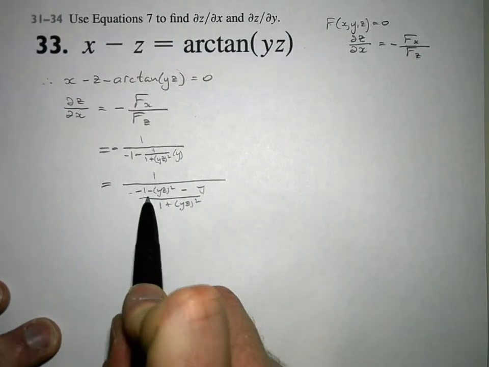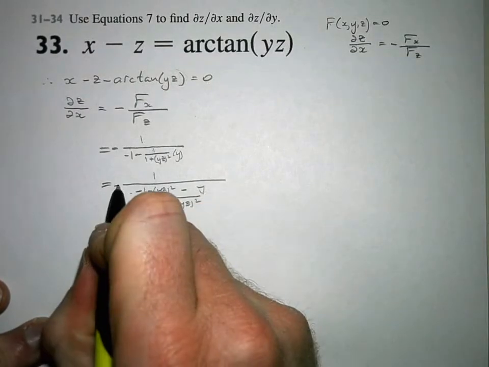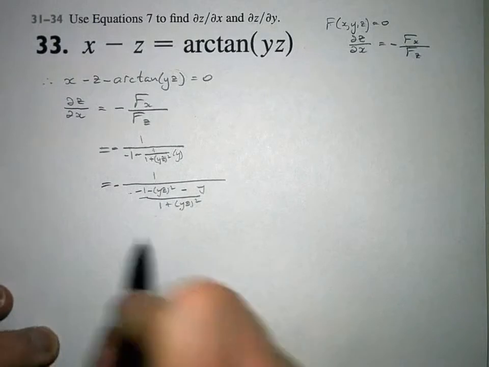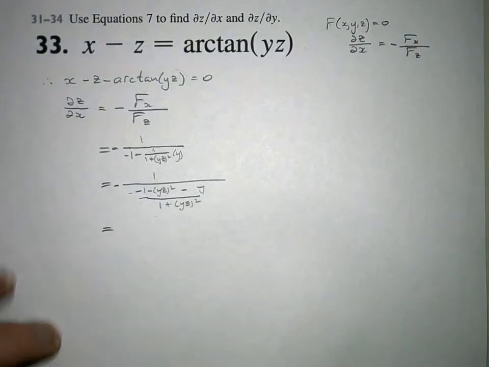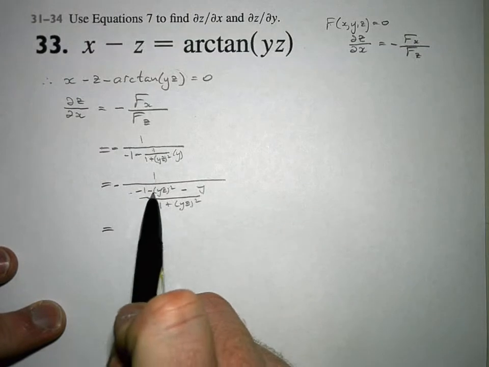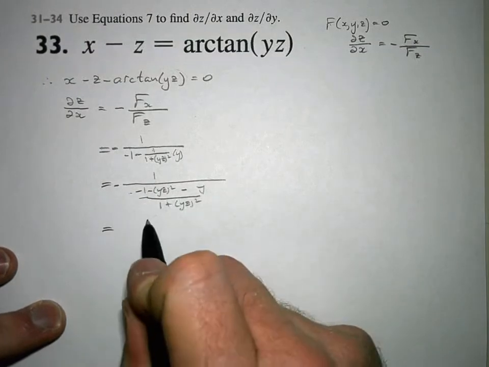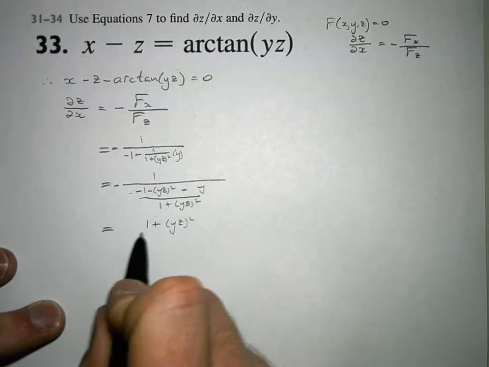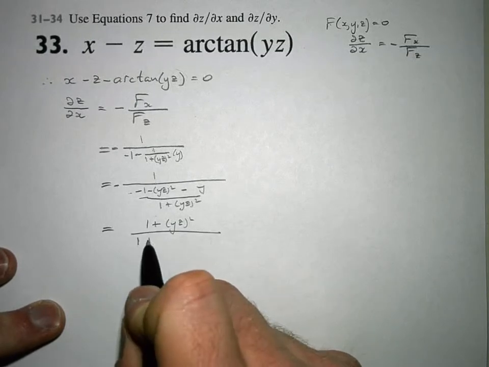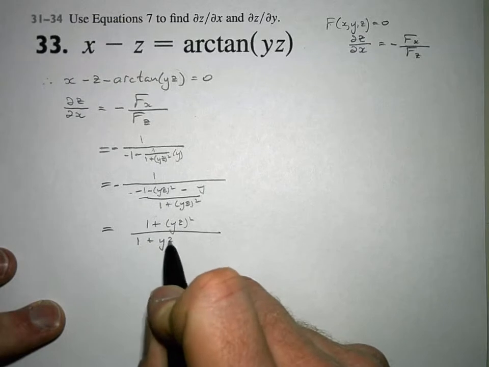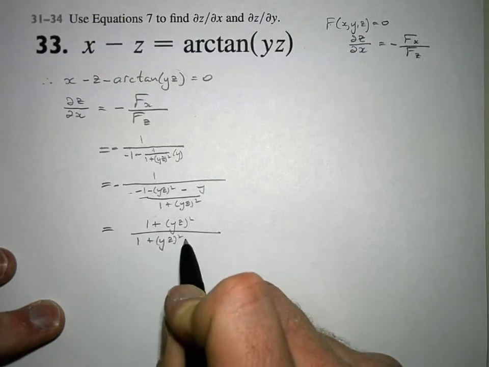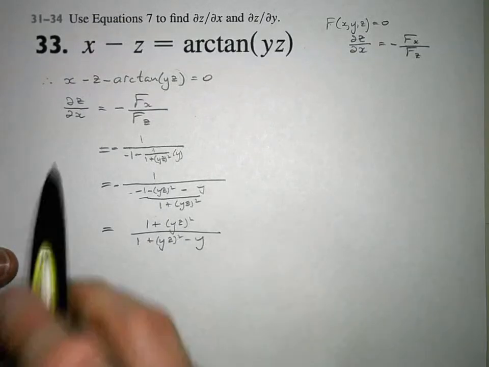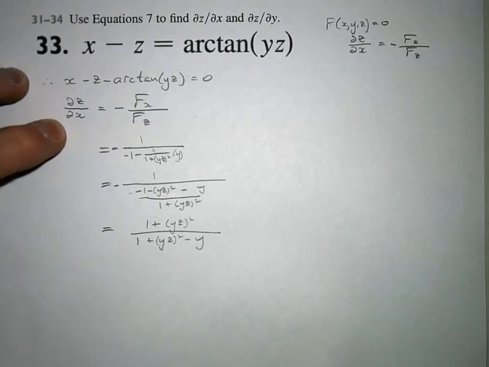Now, don't forget the minus sign in front here, we've got 1 over a fraction, so we can just flip the fraction on its head. We can also multiply this minus through, all of these are going to become positive, and we end up with 1 plus yz squared all over 1 plus yz squared minus y. And that's now the partial derivative of z with respect to x.